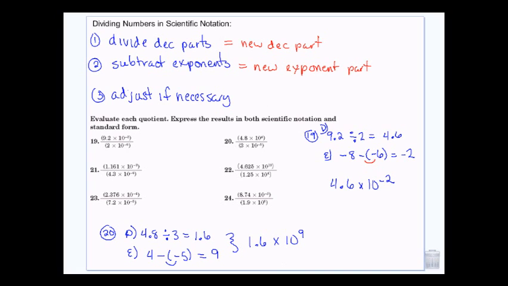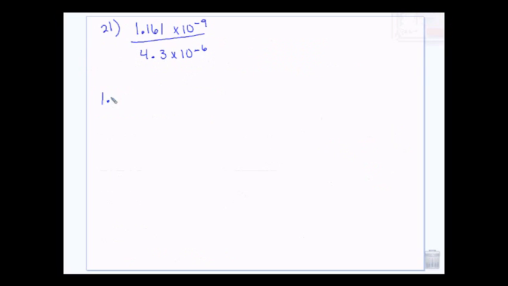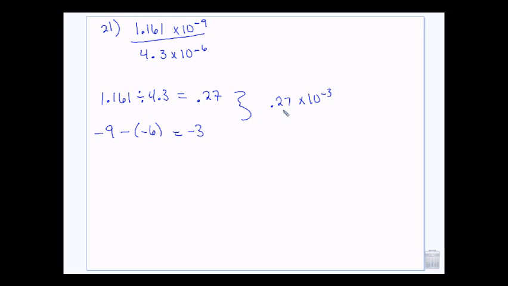We'll go to another page for number 21. Do the decimal parts first. So I have 1.161 divided by 4.3. And I am not even going to attempt to do that in my head. 0.27. Okay, so 0.27. And then I have -9 minus -6, so that's -3. So this is going to tell me 0.27 times 10 to the -3rd, but I can't have 0.27.